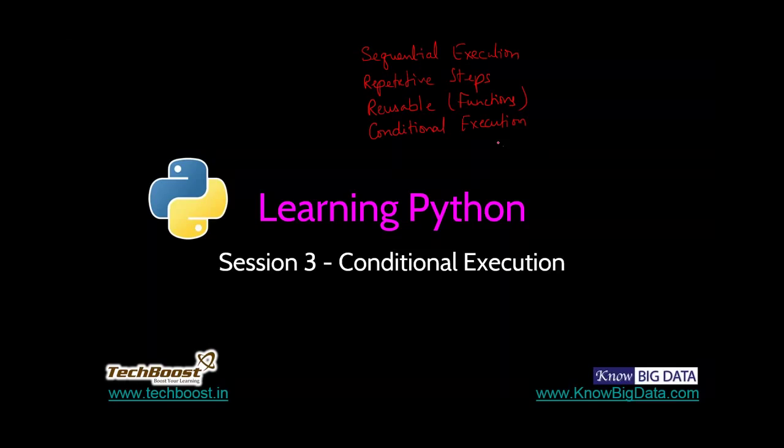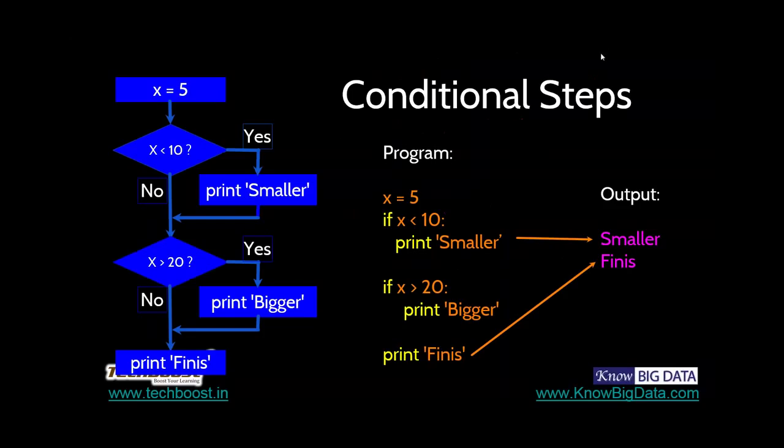Now let's proceed and discuss in detail conditional execution. So what is conditional execution? As we discussed in our previous slide, some steps are not mandatory and can be skipped.